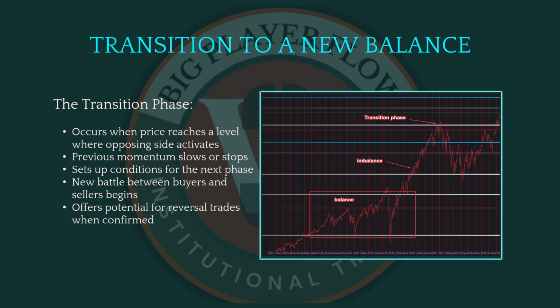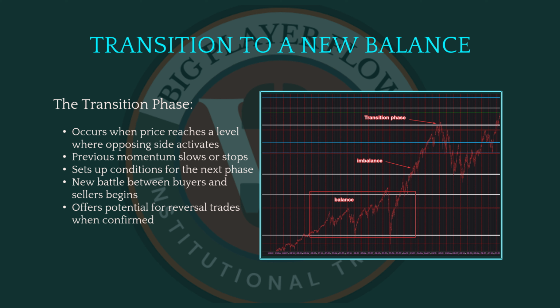Once the market reaches the price where another side, buyers or sellers, can be interested, a transition to a new balance happens. And when it happens, we see volume accumulation, counter-directional volatility, speed and reaction. And when we see all these, we can define potential levels of a new balance forming.